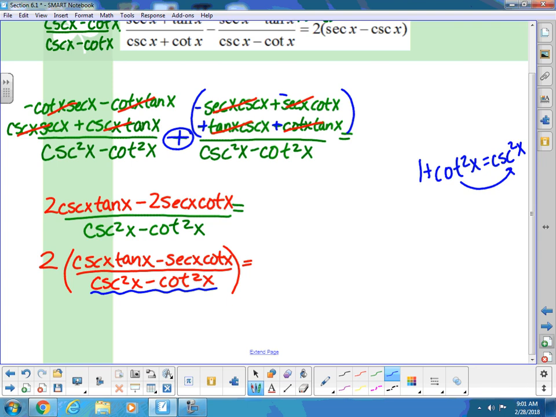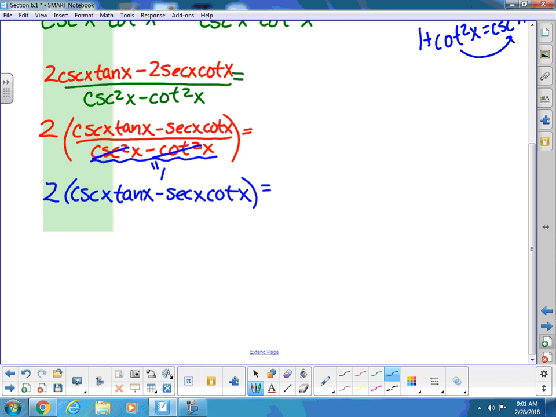So this is even better. These guys are just going to equal 1. So my denominator is essentially gone. So I have 2 times cosecant tangent minus secant cotangent.